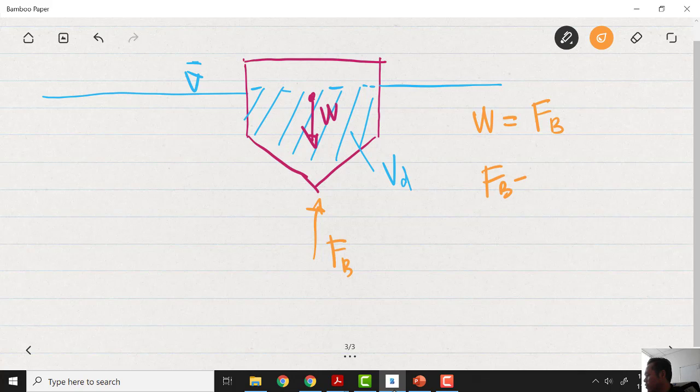So FB equal to W, and we can also write FB as rho G V. Which V? VD, the volume displaced.